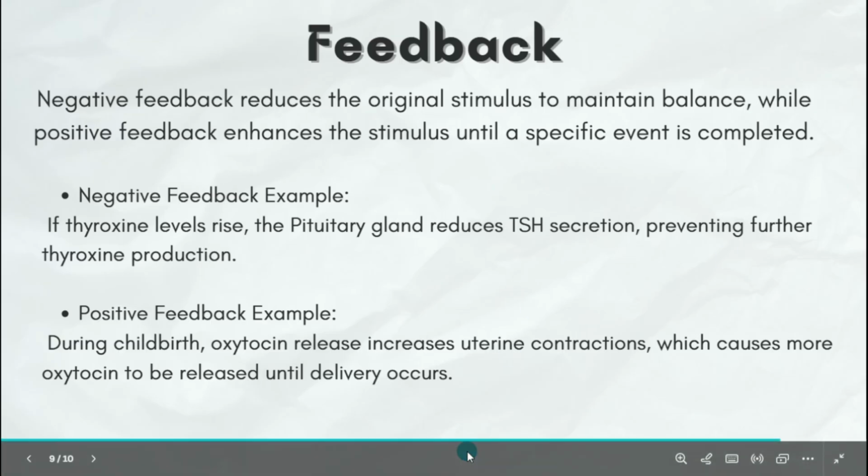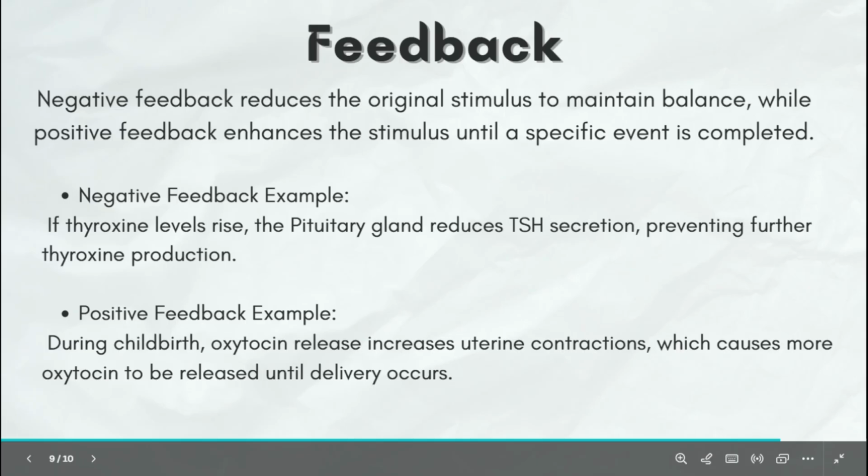So if the thyroxine levels rise, the pituitary gland reduces TSH, the thyroid stimulating hormone, and overall it's just to reduce it. As I said before, with negative feedback we want to reduce it in order to get homeostasis.